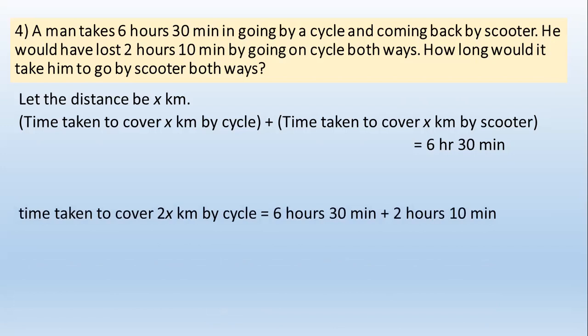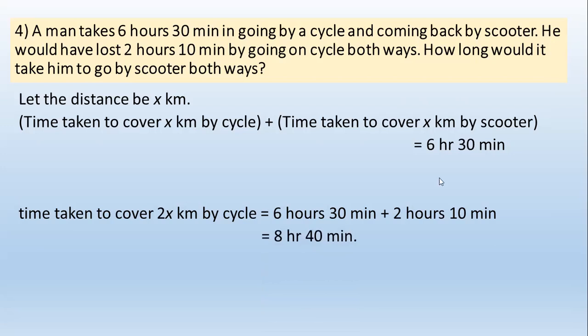So we can write time taken to cover 2x kilometer, going and coming back, by cycle is 6 hours and 30 minutes plus extra of 2 hours and 10 minutes, which is equal to 8 hours and 40 minutes.